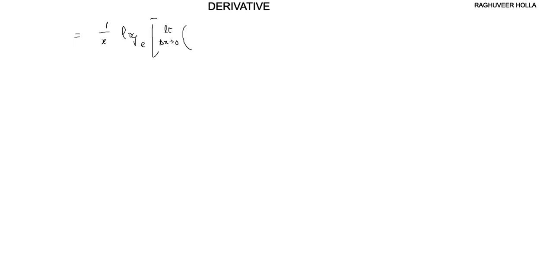Now this is a limit delta x tends to 0, 1 plus delta x by x to the power delta x by x, okay, further, which is equal to 1 by x log to the base e.